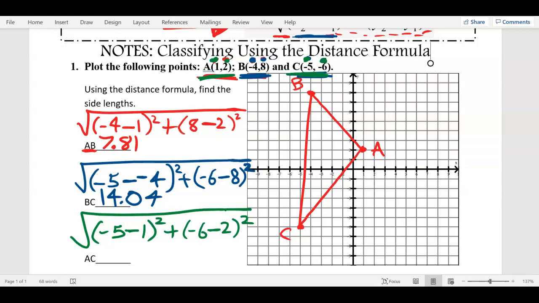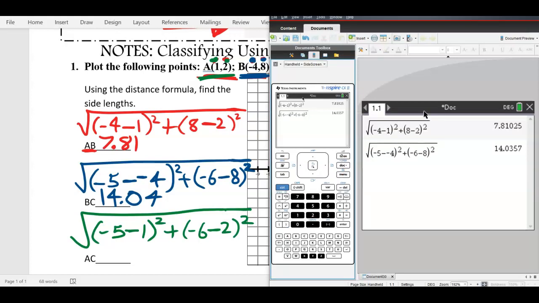And once again, type it in, get your answer. So control x squared, parentheses, -5 minus sign 1, parentheses squared, plus, parentheses, -6 minus sign 2, parentheses squared.